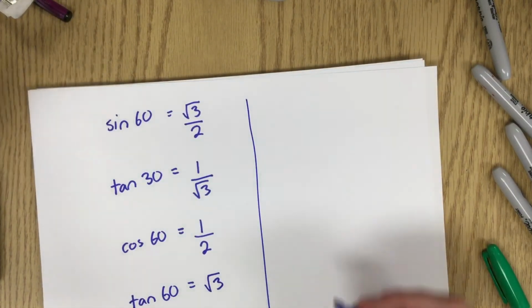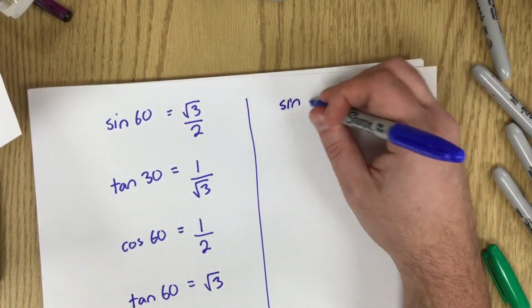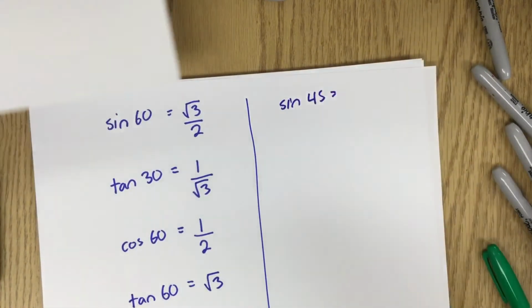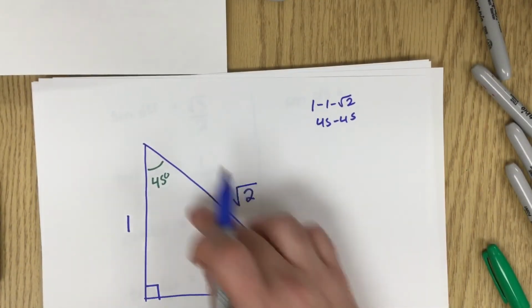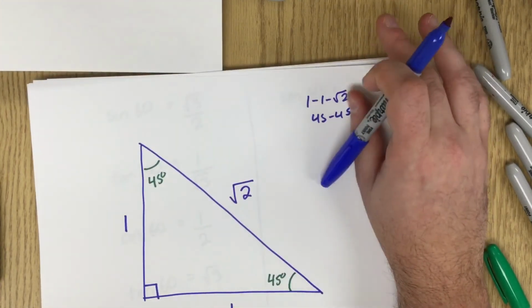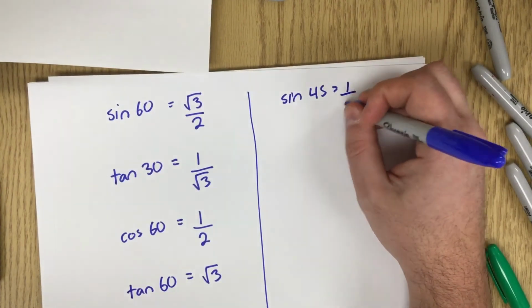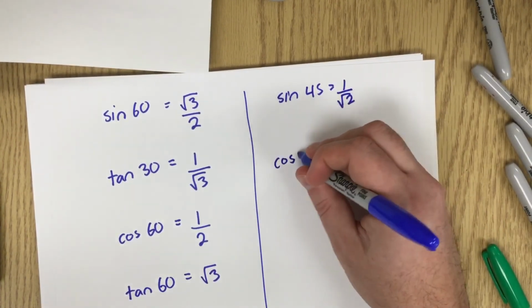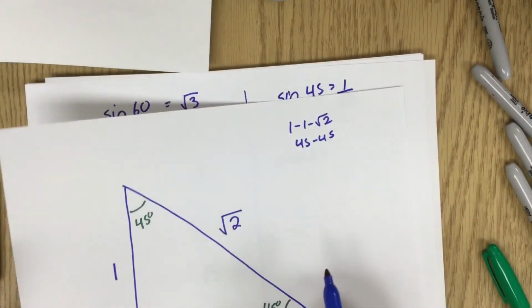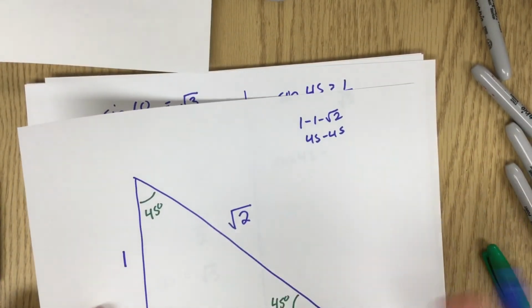We can also say what is the sine of 45. Ooh. Now we've got to go to the other special triangle. So the sine of 45 is opposite over hypotenuse, which is going to be 1 over root 2. The cosine of 45 would be, well, we could use either 45.